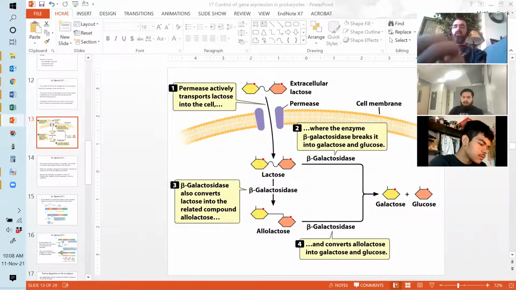So glucose levels are detected indirectly by levels of cyclic AMP. And essentially, it's an inverse relationship.